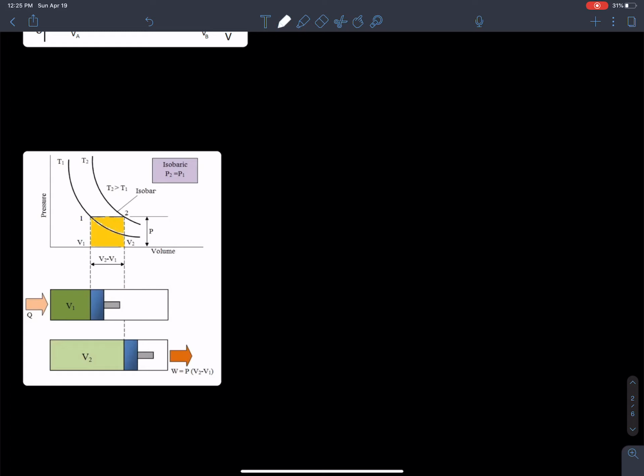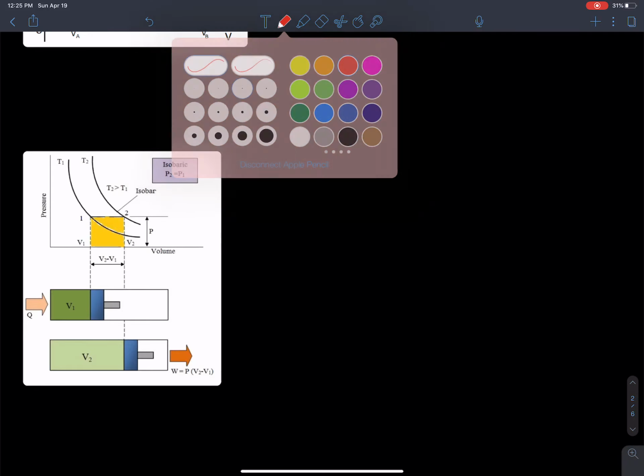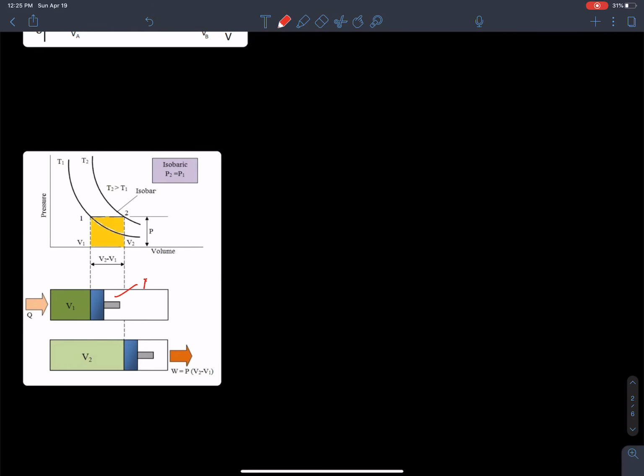And that makes sense because in this system, you've got atmospheric pressure on the outside. Atmospheric pressure is pushing on the piston on that side, and then the gas inside is pushing on that side of the piston. When you heat it up, the pressure is going to go up inside the gas, but if that piston again has very low friction, it's going to want to equilibrate.